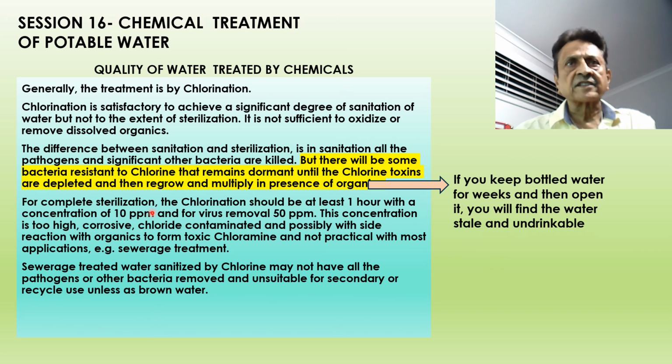For complete sterilization, the chlorination must be at least 1 hour with a concentration of 10 ppm, and for viral removal, it must be at least 50 ppm. This concentration is too high, corrosive, and chloride contaminated, and possibly with the side reactions with organics to form toxic chloramines, and not practical with most applications, such as sewage treatment.